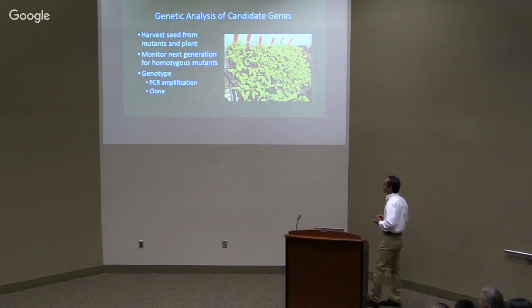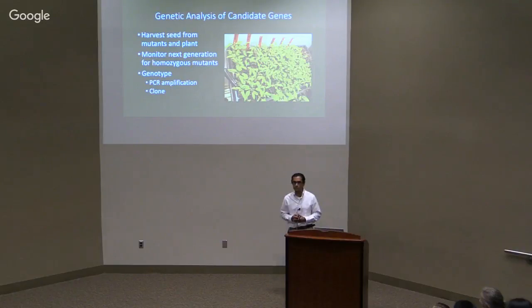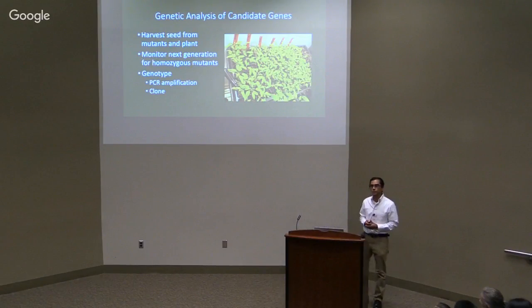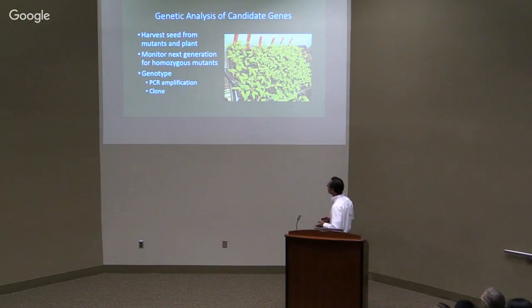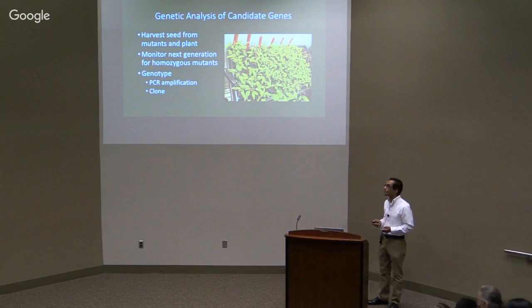So the next steps for this were that the mutant plants that we had received had all been mutated only on one chromosome. So they were heterozygous. So the goal is to then self these plants and see if there's a way that we can find a homozygous mutation.